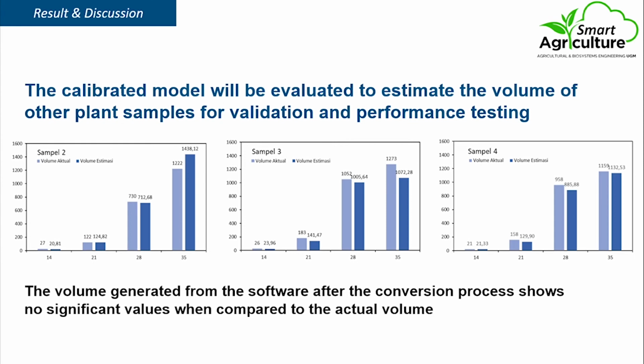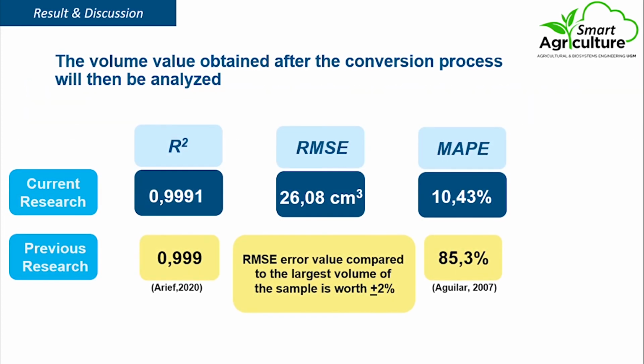The calibrated model will be evaluated to estimate the volume of other plant samples for validation and performance testing. The volume generated from the software after the conversion process shows no significant difference when compared to actual volume. The volume value obtained after the conversion process will then be analyzed.